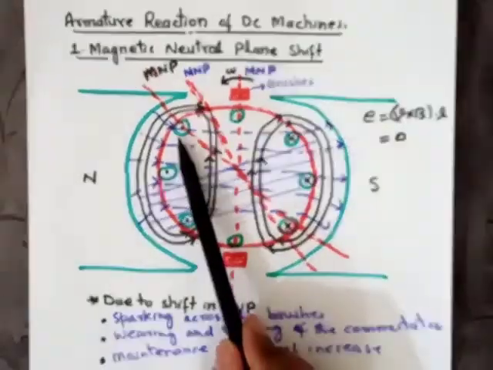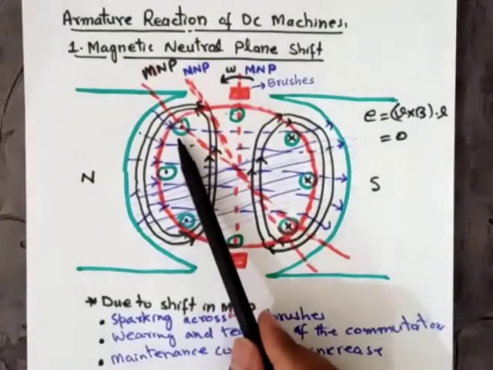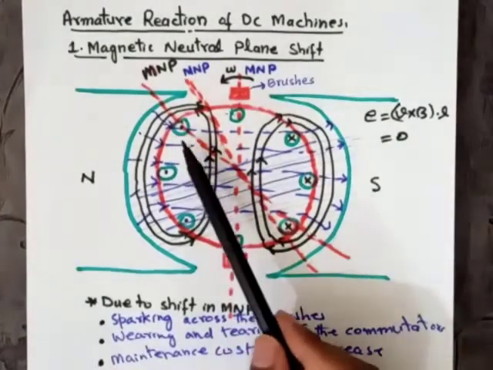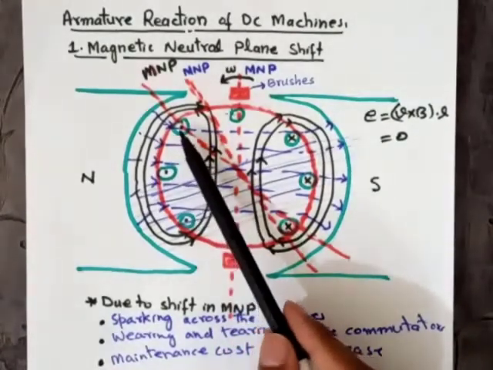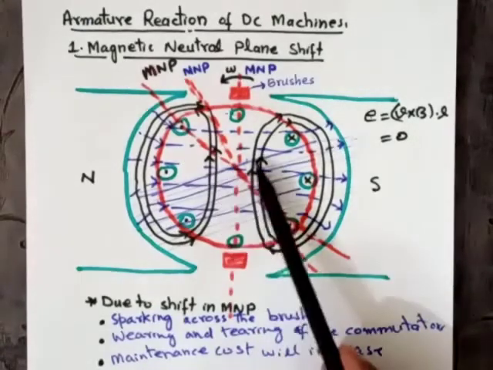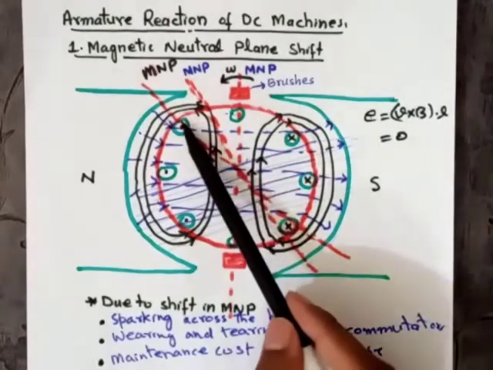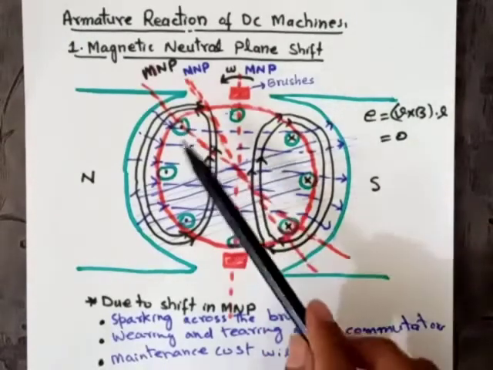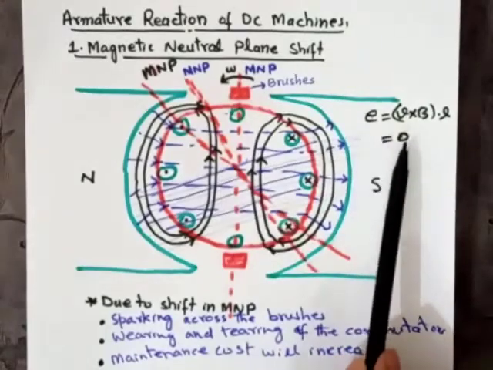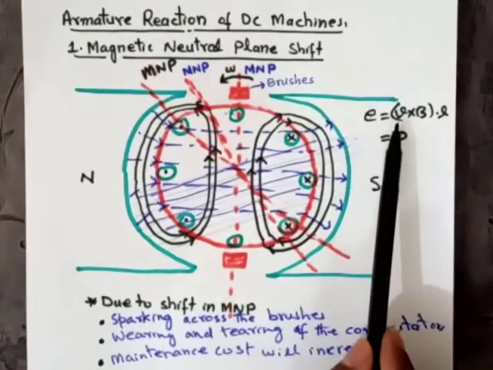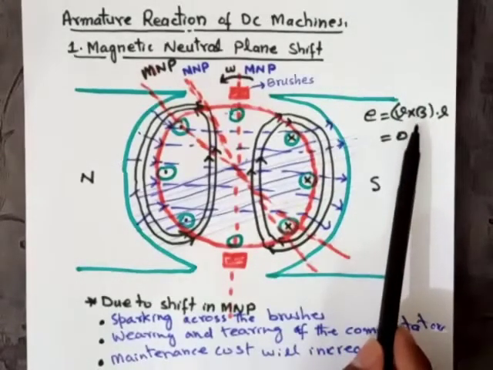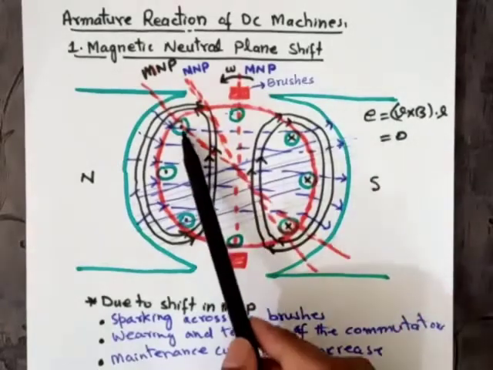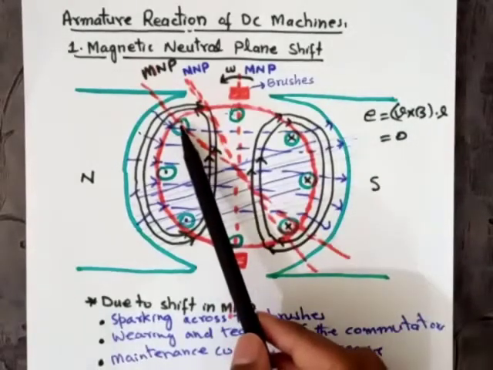Now, as you can see in this figure, for these conductors, the direction of the velocity of the conductors and the direction of the magnetic field are both parallel at that position. That's why at those conductors the induced voltage will be zero, because the relative velocity and the direction of the magnetic field are both parallel.